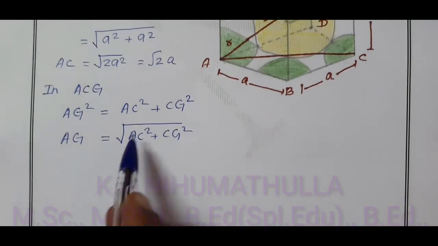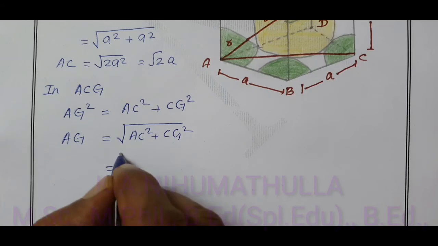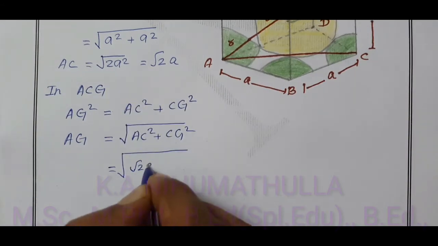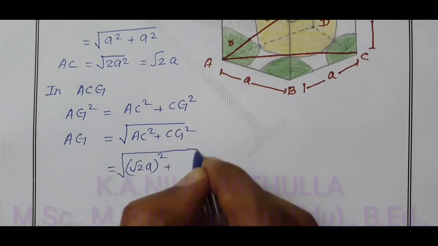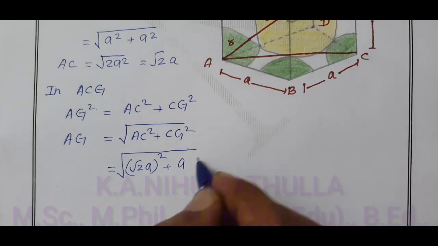The value of AC we know, that we have calculated. What is the value of AC? Root 2 into a, the whole square, plus the CG value. The CG value, from the figure, we can write as a square.